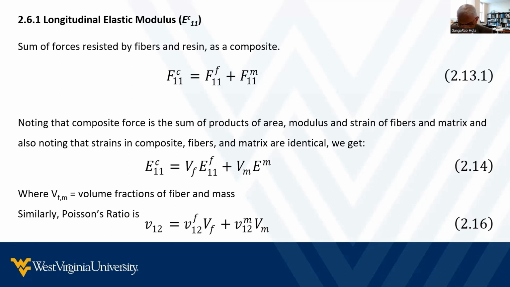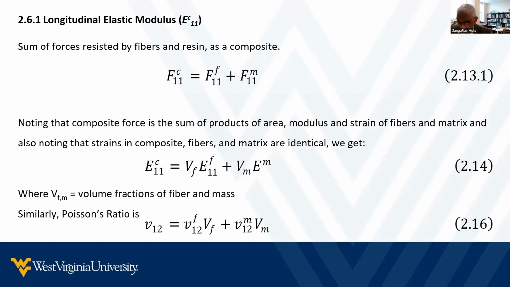Perhaps for those who forgot the definition of Poisson's ratio, I might add that it is the ratio of contraction strain in the direction perpendicular to the stress direction that is shown there in the previous slide, divided by the strain in the loading direction.